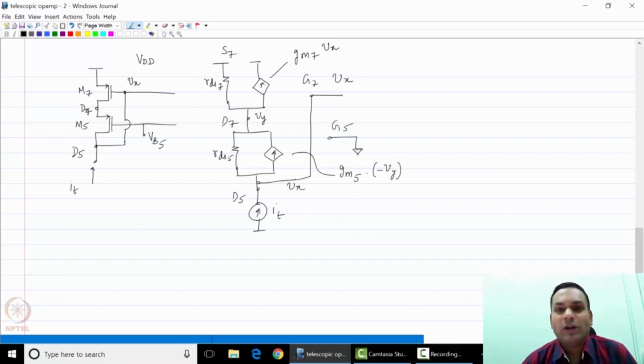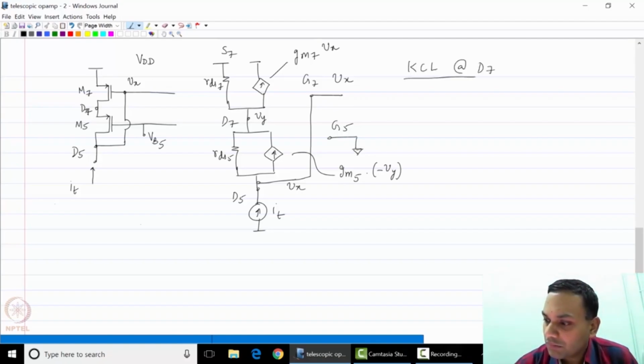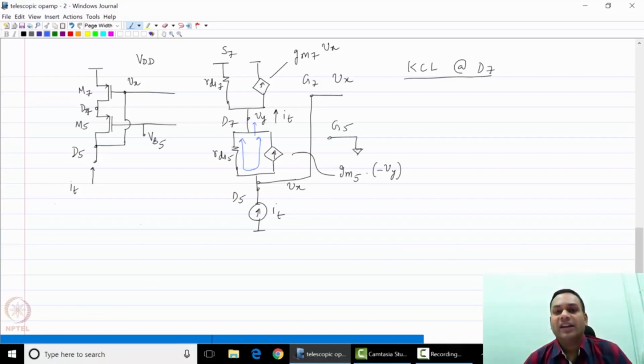So now if you were to apply KCL at node D7, you will find that the total current flowing up is again It, because the same current It splits into these two paths and combines to flow out into Vy.